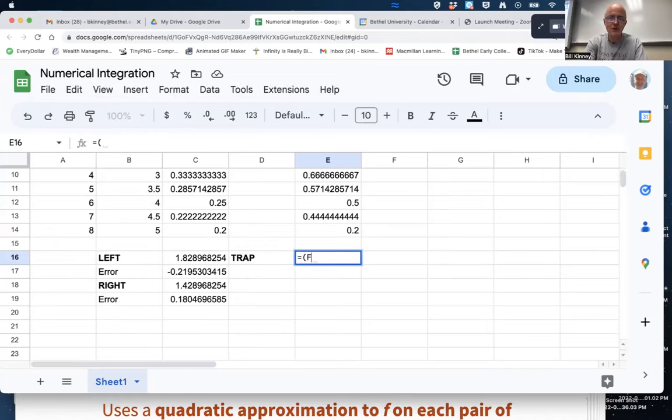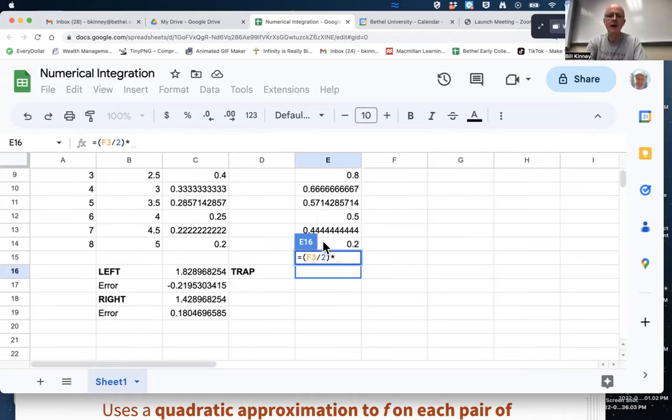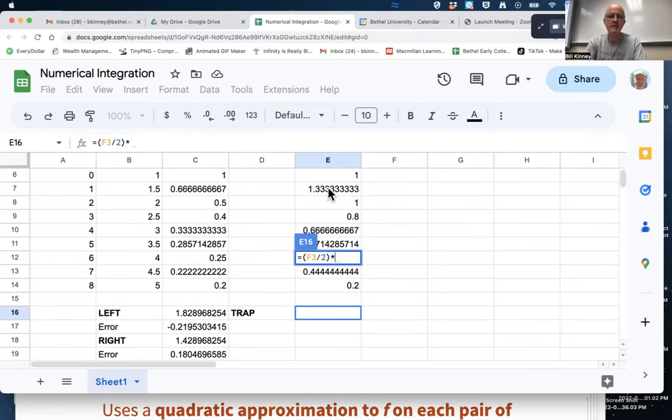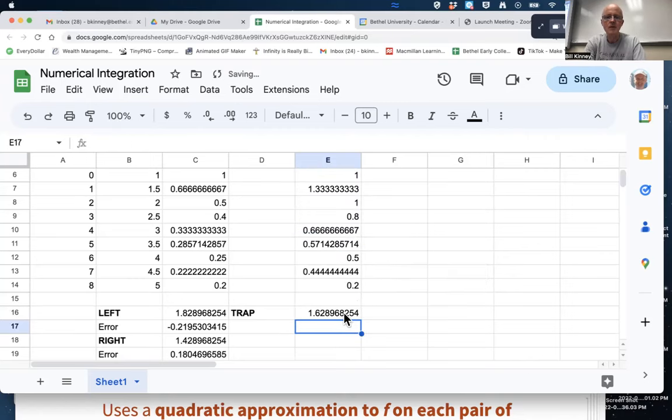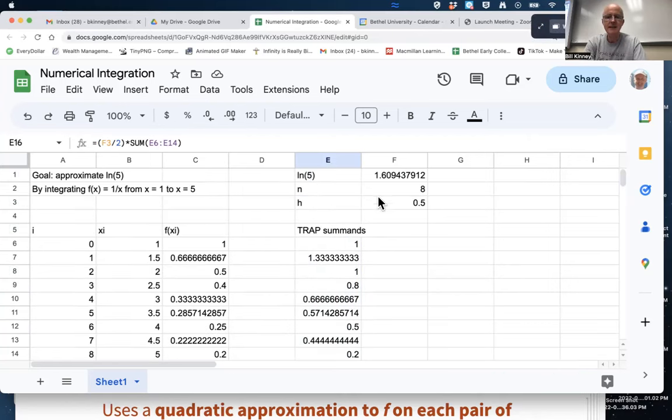Don't forget to divide that by 2 now. And here in the formula, we need to use all these values, not just the first 8 of them or the last 8 of them. We need to use all of them. So I sum E6 through E14. I used all of them. There's our answer. You can see it is slightly bigger than that.